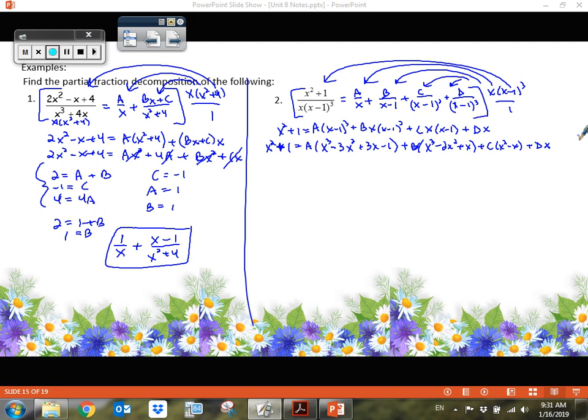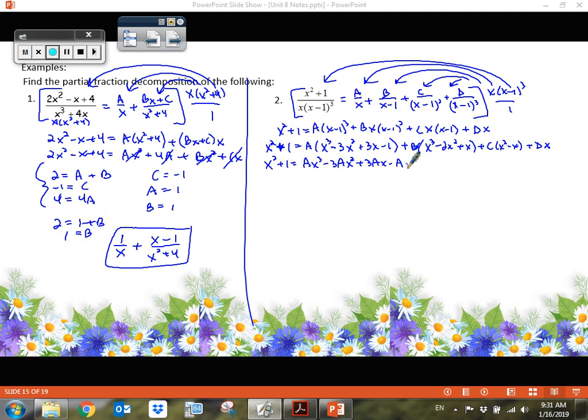Now there will come a time when you don't have to do this next step. I'm going to go ahead and do the next step just so we're clear. I'm going to go ahead and distribute the a, b, and c to get this all multiplied out. So I have an x squared plus 1 equals, an ax cubed minus 3ax squared plus 3ax minus a.